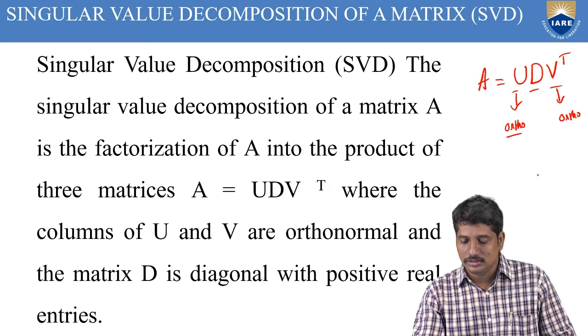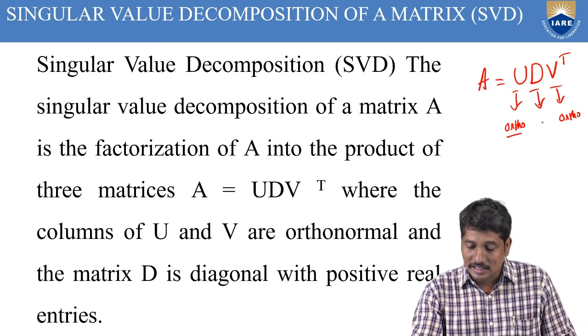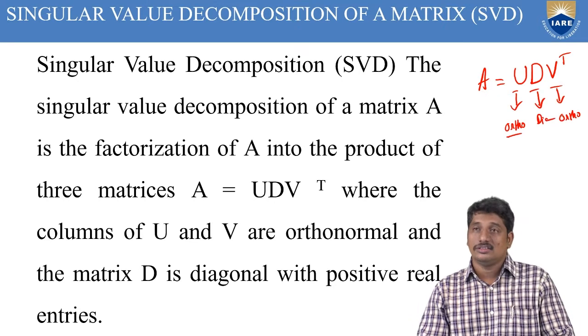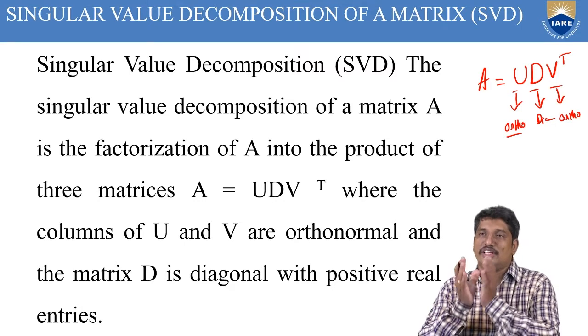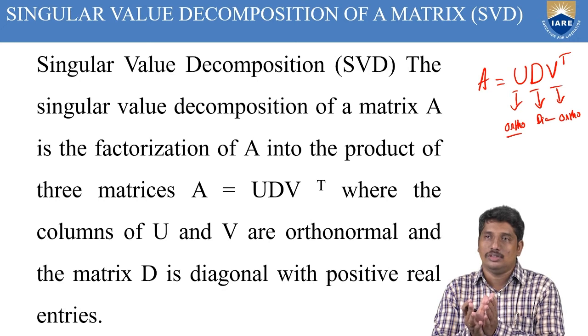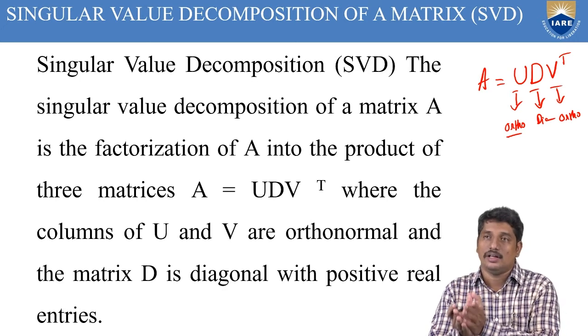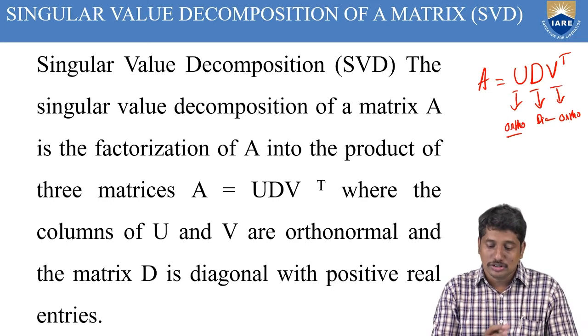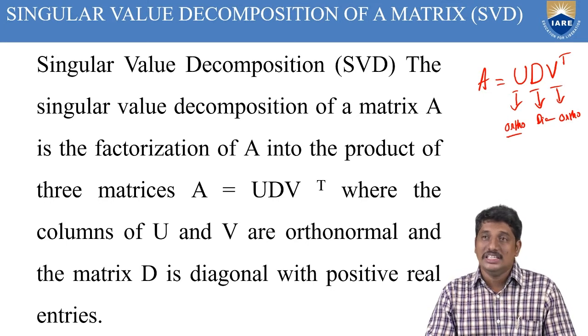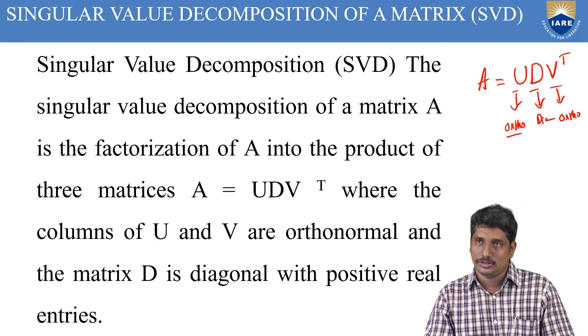We will come to know the details. And D is a diagonal matrix. So we are decomposing A into a product of three matrices, where the first matrix U is orthonormal, D is diagonal, and V is also orthonormal, with its transpose V transpose. This kind of decomposition is called singular value decomposition.